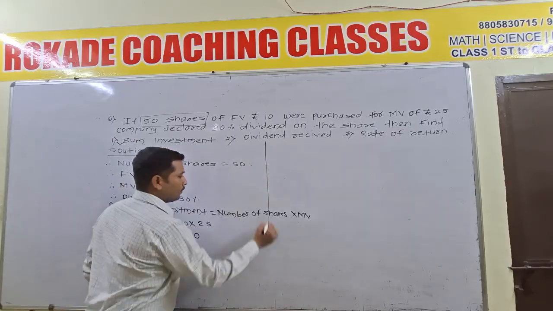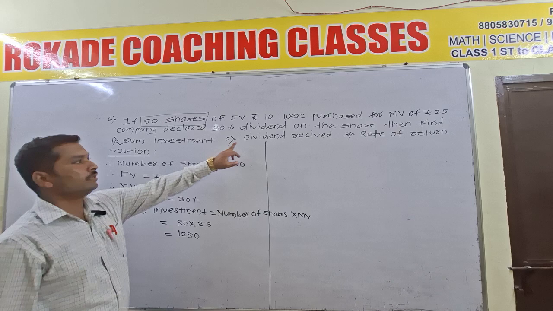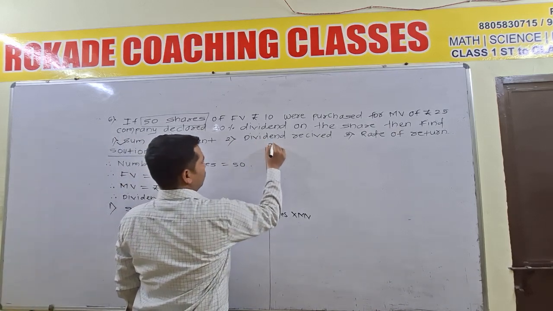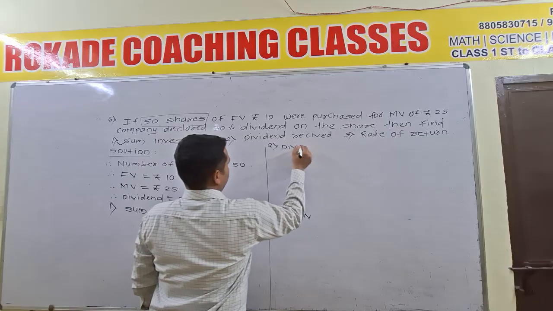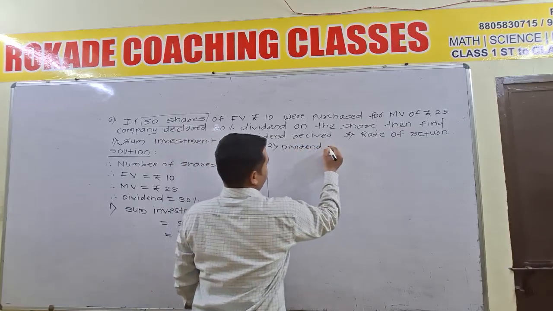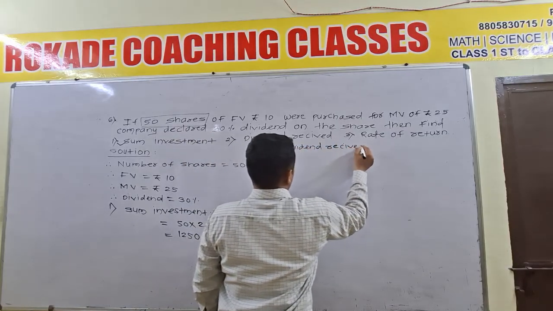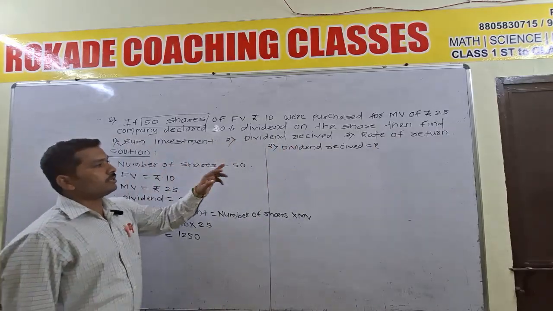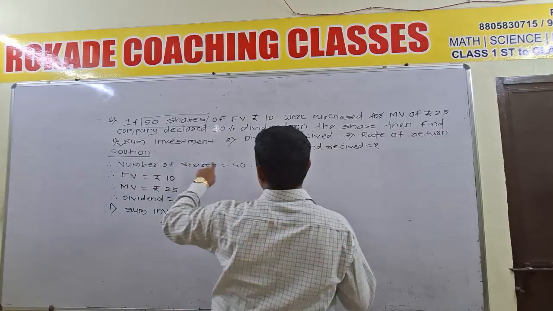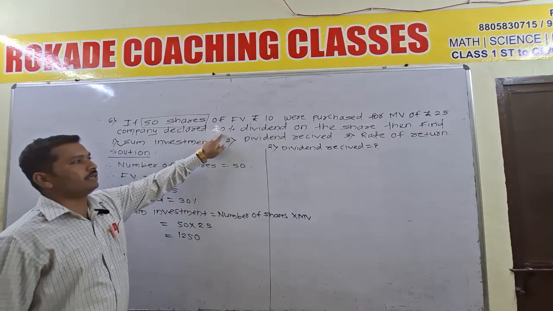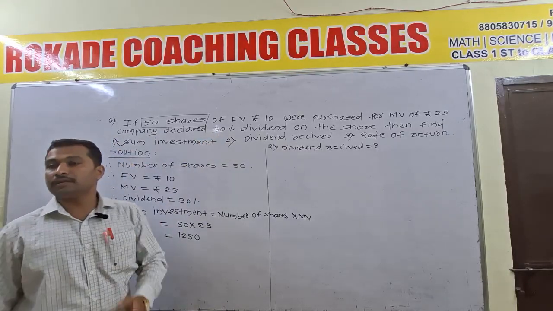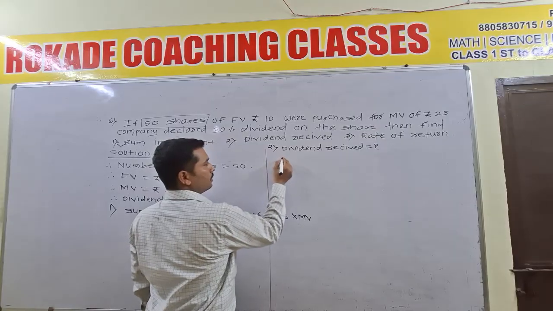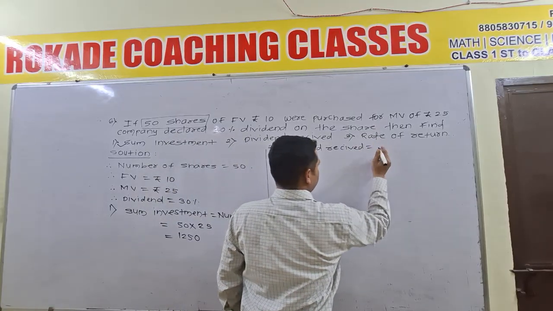Next, we try to understand dividend received. We write down the second: dividend received is equal to question mark. How much dividend received? We know that the company has declared a dividend of 30%.